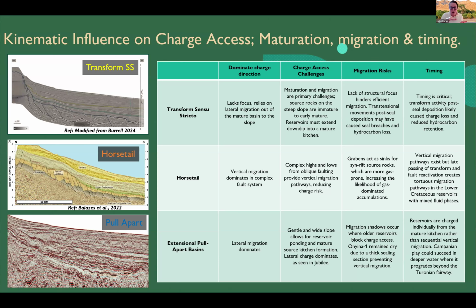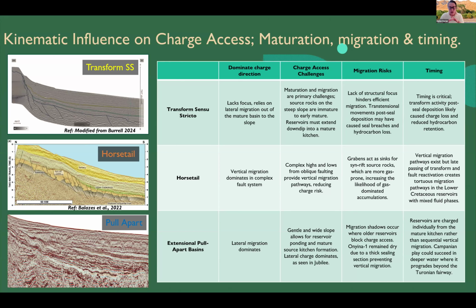You can see that pressure data, both in the hydrocarbon leg and the water aquifers of Jubilee, really highlight this lateral charging model. It shows that each reservoir is disconnected from those above and below, and each reservoir taps into a mature part of the kitchen and gets charged laterally rather than through sequential vertical migration.